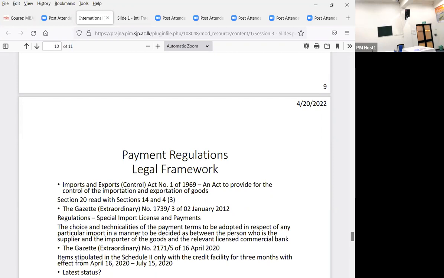What is the difference, and why are people more secure when the LC is there? Especially when the value is so high and you are dealing with the exporter for the first time and you don't know the exporter, LC is the best way of doing things, simply because the bank is giving you the guarantee for your payment.